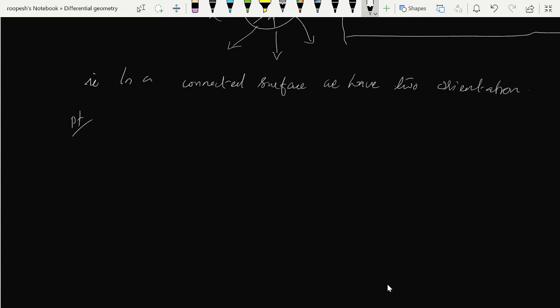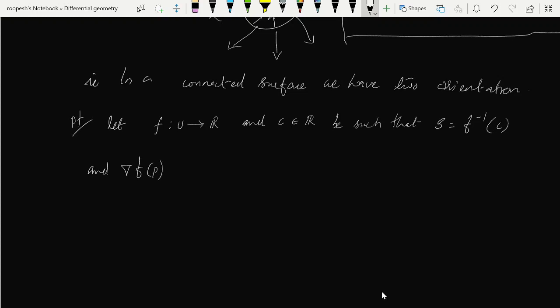So let f from U to R and c belonging to R be such that S equals f inverse of c and del f of p is not equal to 0 for all p belonging to S.